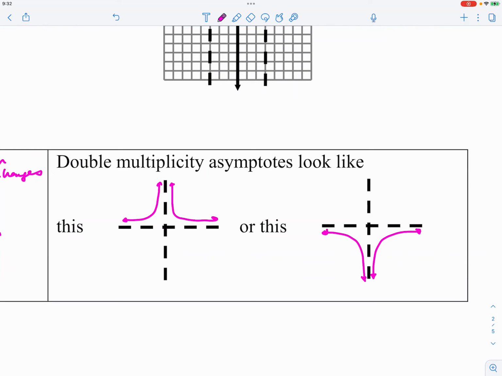Okay, so that's the meaning of having a square: there is no sign change. This one is no sign change because it's being squared. So therefore, they both head in the same direction.